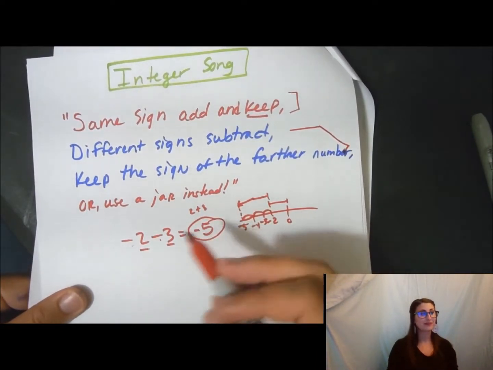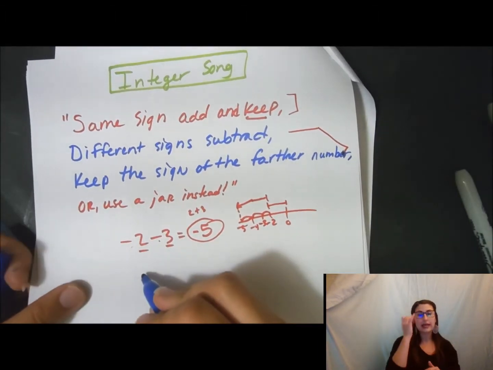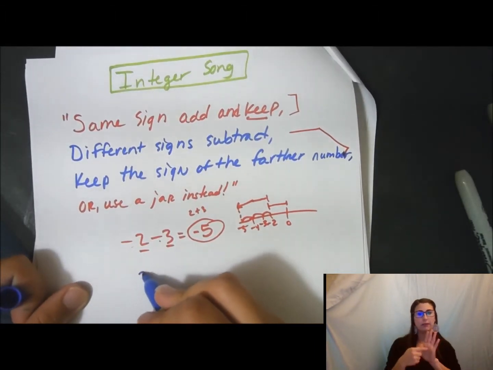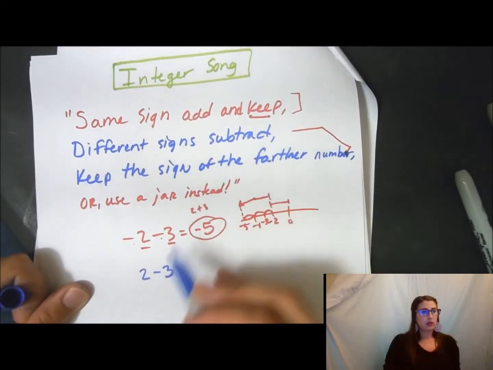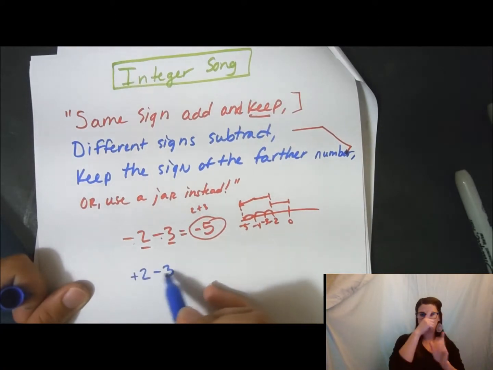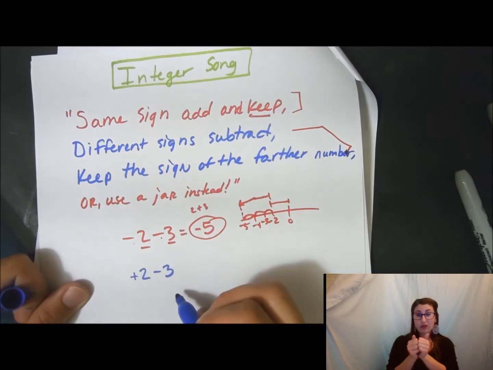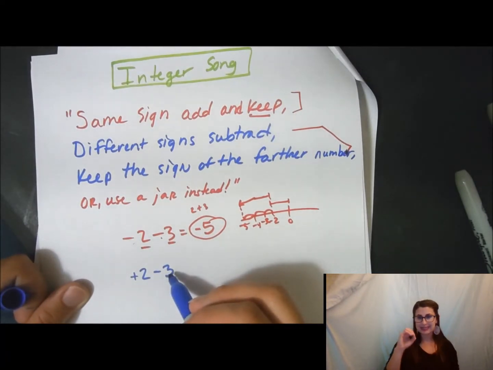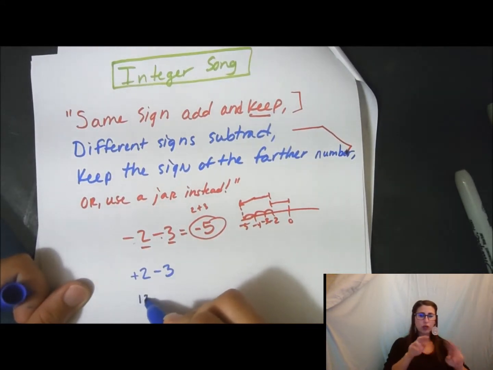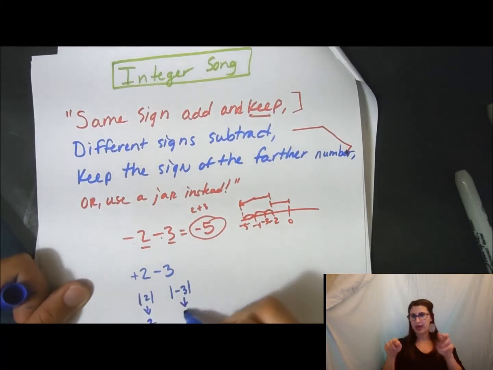And then for different sign, subtract. If you had different signs, like say it were 2 minus 3, they're different signs. This is a positive and this is a negative. You keep the sign of the further number. So which number is further away from 0? +2 or -3? -3. If you look at the absolute value of each of them, this makes 2, this makes 3.